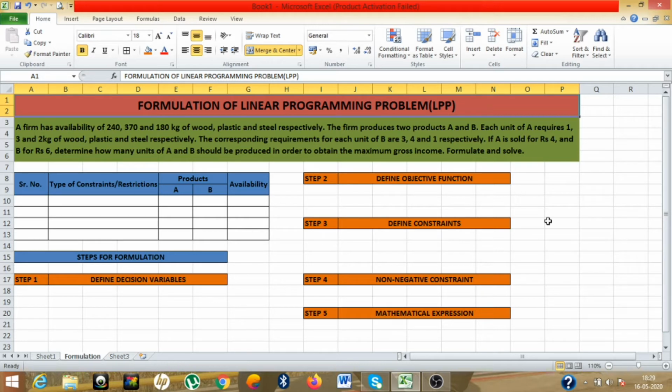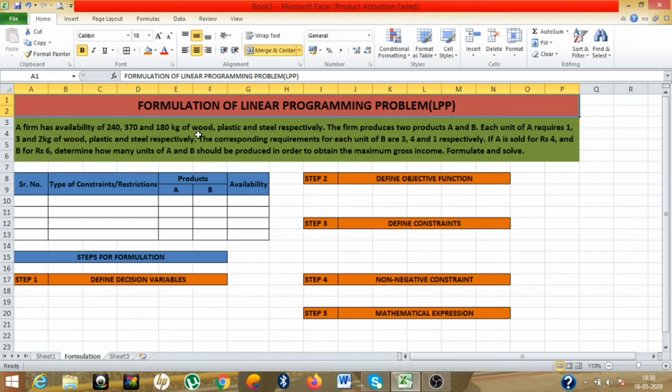Formulate and solve. So here in this problem, to simplify all this, we will first convert the verbal description into a table form and then we will see how to formulate it. Here you can see we are making two products, that is the output, and the input that is required is wood, plastic and steel. We can say these are the resources, and these resources are limited in quantity, meaning they have certain availability.